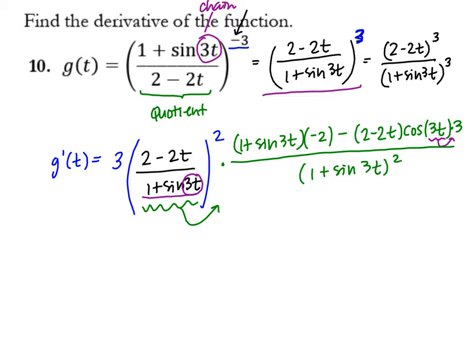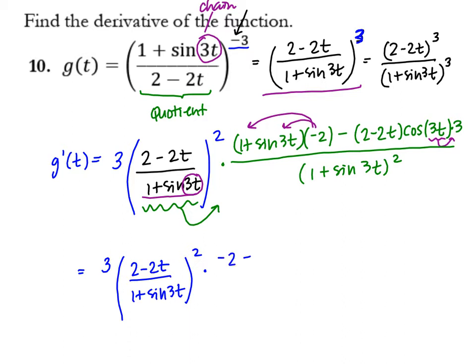So now we can clean it up. Here's a 3 and here's another 3. Those 3s are free agents. We could multiply them almost, though, but we have this minus. So let's try to simplify. We get 3 times ((2 minus 2t) over (1 plus the sine of 3t)) all squared, times, and we can distribute this -2 to both terms there.